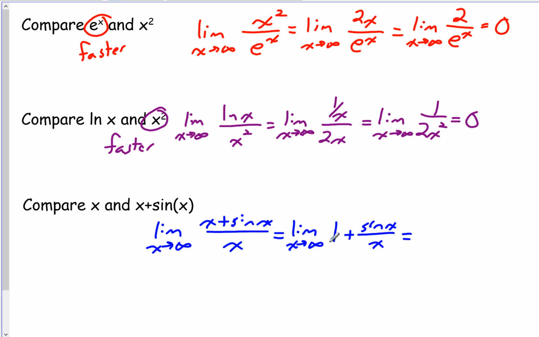Well, the limit of 1, no matter what x is going to, is 1. And we did sine of x over x as x goes to infinity back in chapter 2. That's 0, and so this equals 1. And so these are growing at the same rate, because that limit isn't 0, it's not infinity, and it does exist.